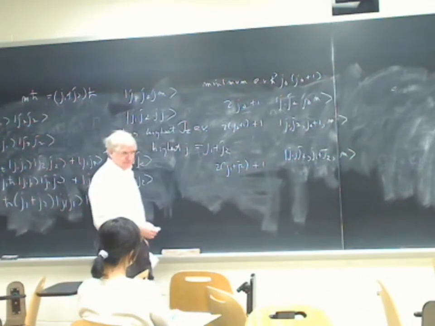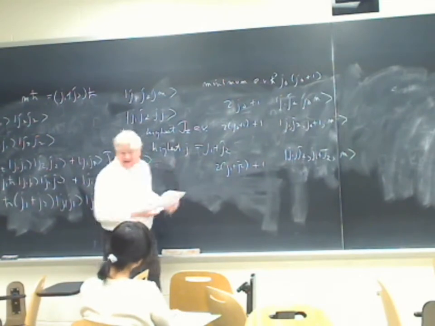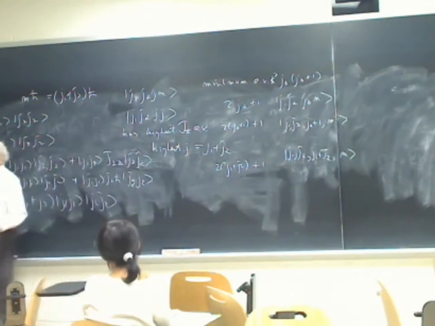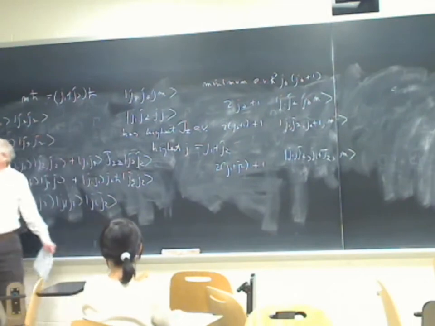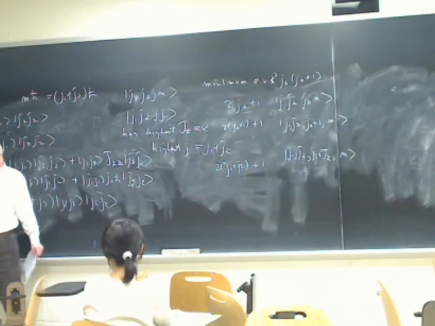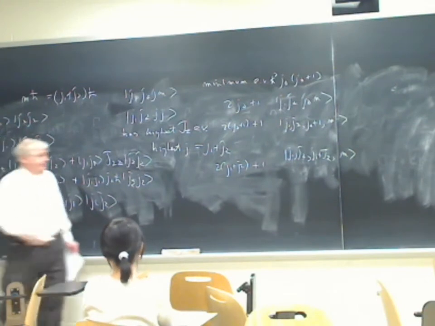Okay. So that's the total number of states. Now, there must be as many states in this basis as in this basis, and we know how many there are in this basis because we know there are 2 J1 plus 1 states here and 2 J2 plus 1 states here. So the total number of states is 2 J1 plus 1 times 2 J2 plus 1.